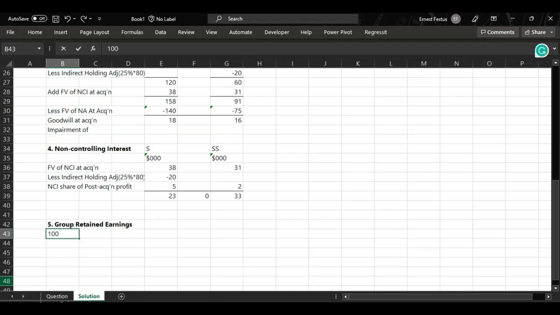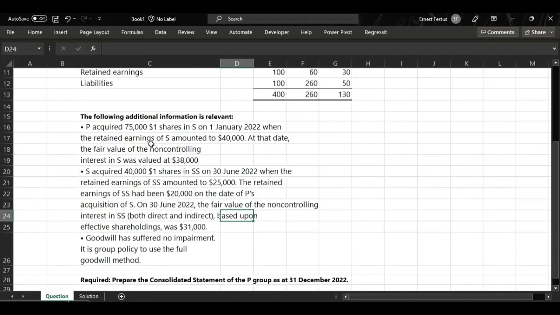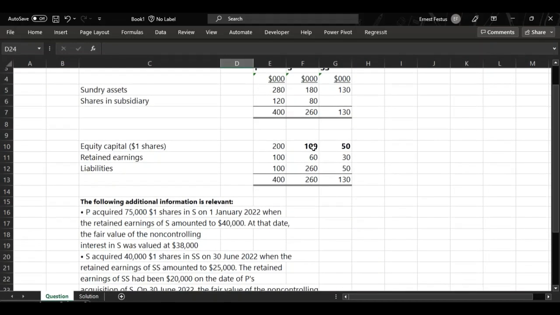So we have 100% of P, and in our question that is 100,000. We write 100,000 right here. So retained earnings of our P is 100,000. All right.